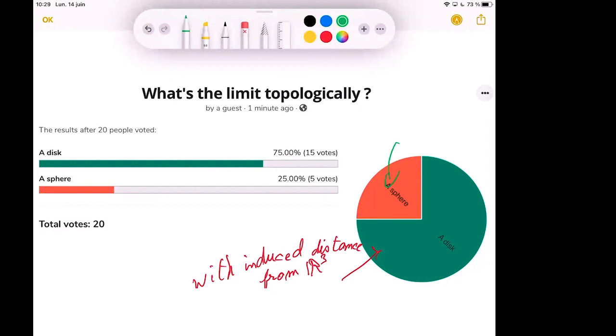But if you consider the induced Riemannian metric on those ellipsoids, the limit in that case is that you take two flat disks and you glue them by their boundary. So topologically it's a sphere, and there's a flat Riemannian metric on most of it.